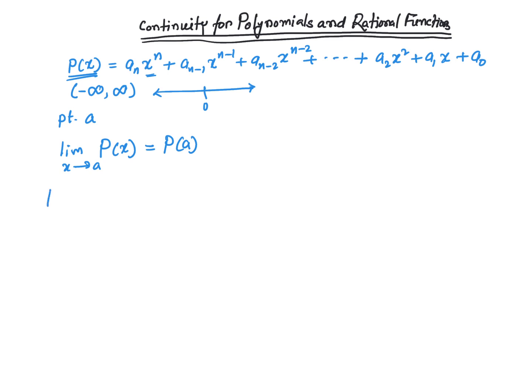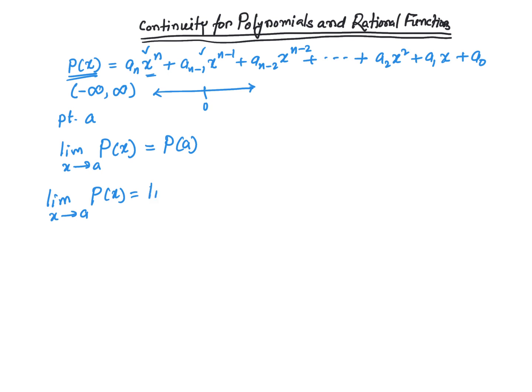The limit of the polynomial function, limit of x approaches A, p of x is going to be the limit of this first term, limit of this second term, using the properties of limit, right? We can do it that way, one by one.